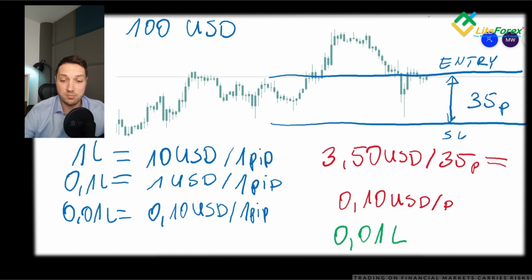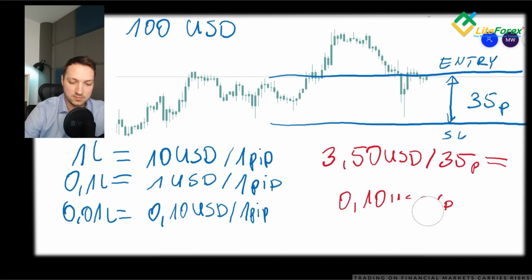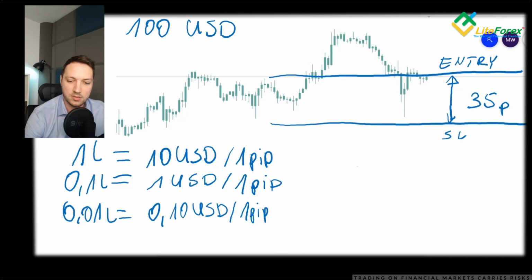So guys, let's check another example. Let's delete all that. Okay, and for example, instead of 35 pips, let's say we have some small scalp with a 15 pip stop loss. This is our first trade, the second one was closed.